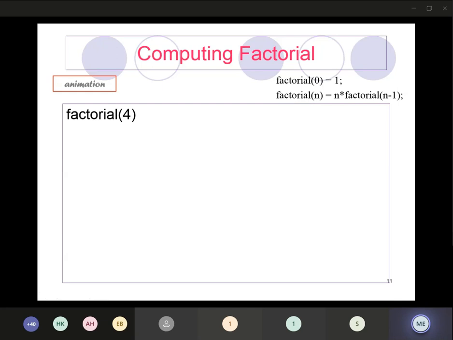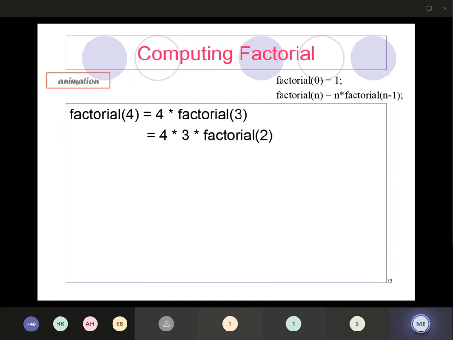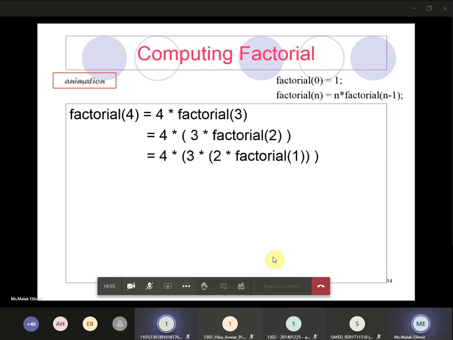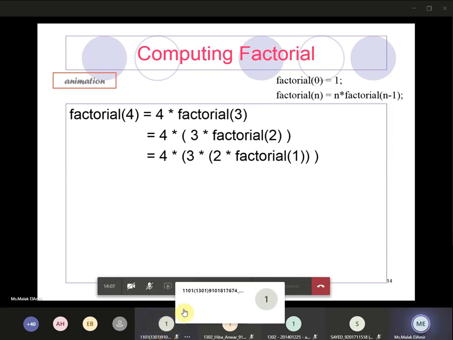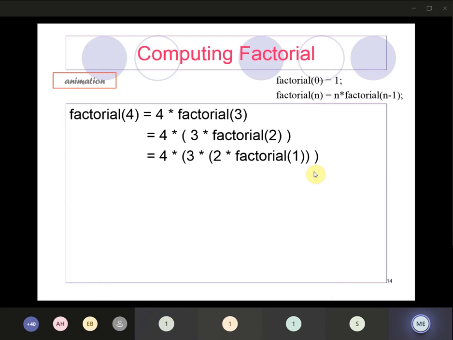برافو أحسنت، الله يفتح عليك. It will be 4 multiplied by factorial 3. Next, factorial 3, it will be 3 multiplied by factorial 2. Very good. Factorial 2, it will be 2 multiplied by factorial 1.